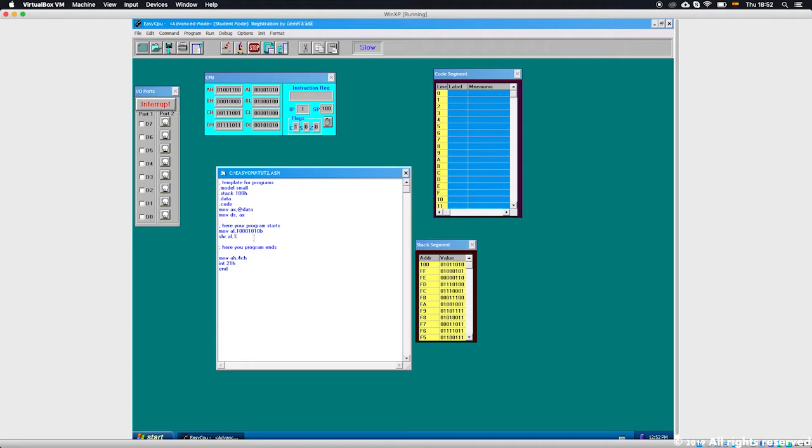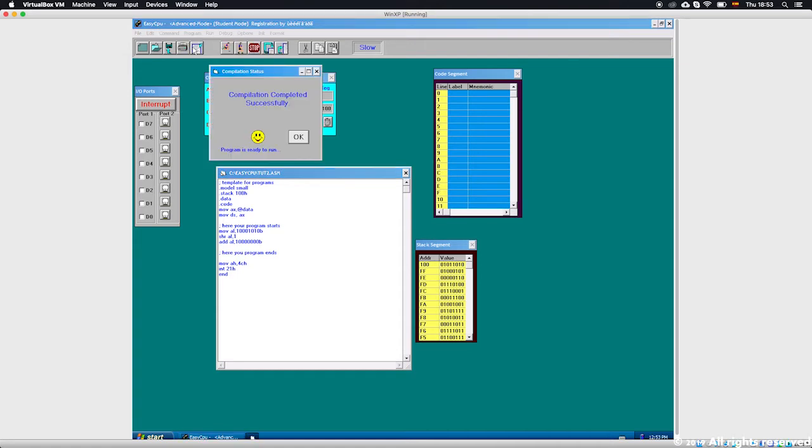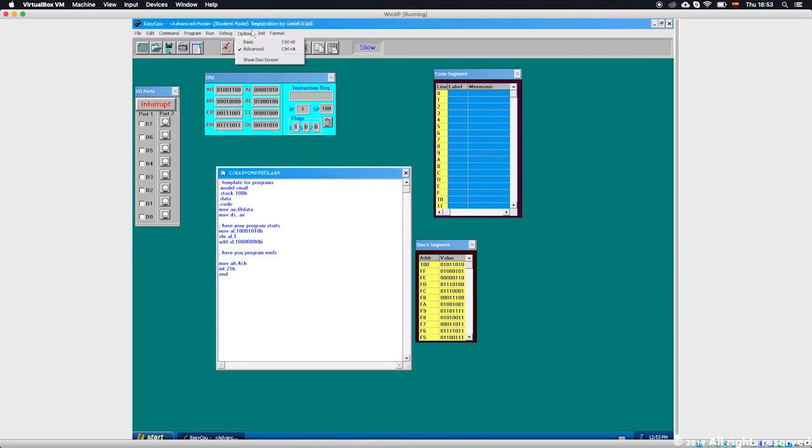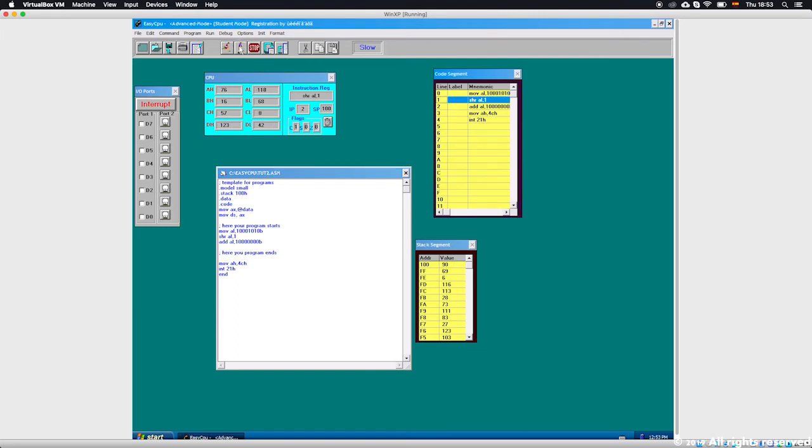For example, we can put add to AL the number 10000000 in binary form, 1 2 3 4 5 6 7 8. In this way we can ensure that it maintains its negative sign. So we start by executing that, we divide it by 2, and we add this.